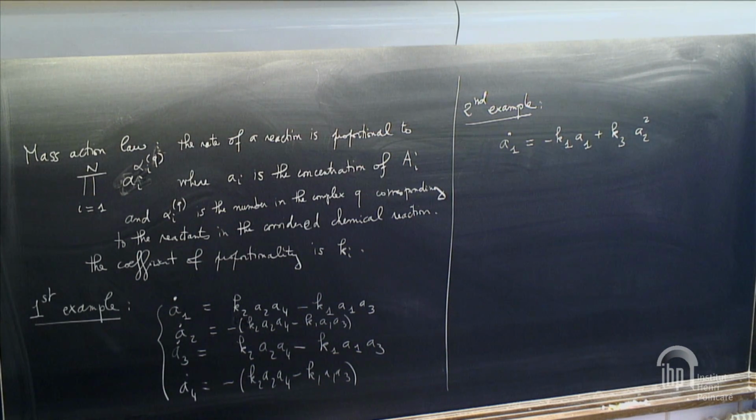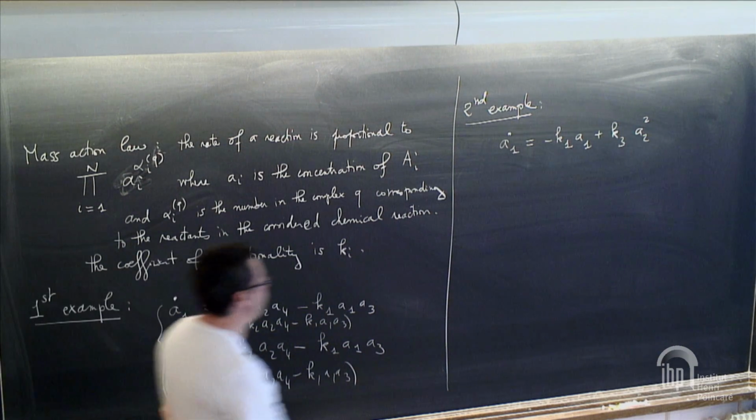The situation is a little more intricate for A2, so let's do it at the end. Let's look first at A3. So for A3, you can produce it out of A1, and you can destroy it out of the reaction A2 plus A3 gives 2A2.